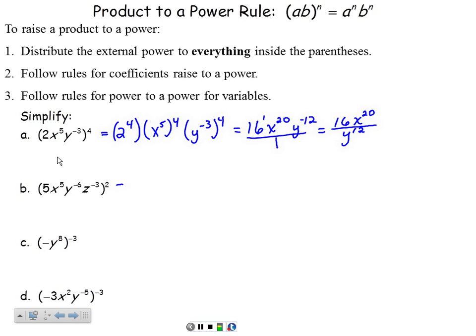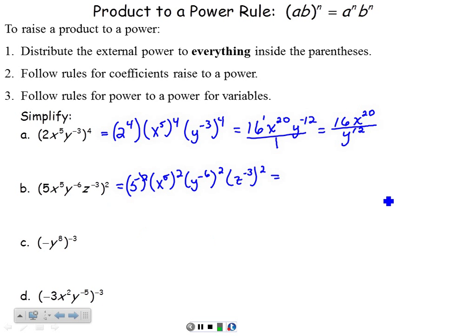Alright, let's try again. So we're going to have 5 squared, so 5 to the 2nd power, times x to the 5th to the 2nd power, times y to the negative 6 to the 2nd power, times z to the negative 3 to the 2nd power. So inside there are 1, 2, 3, 4 things that we're multiplying together, and all 4 things get that external 2.